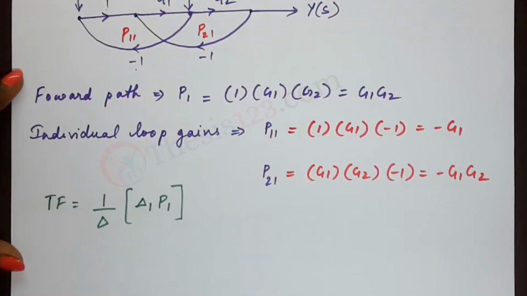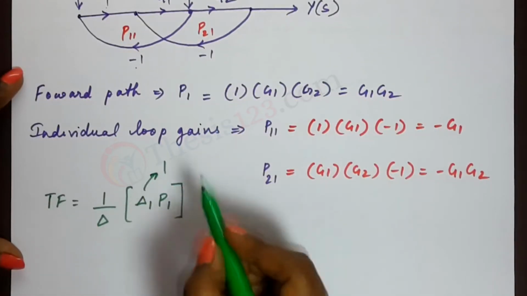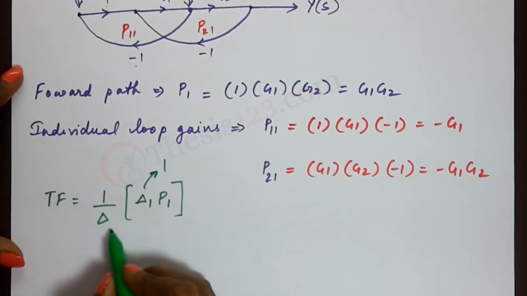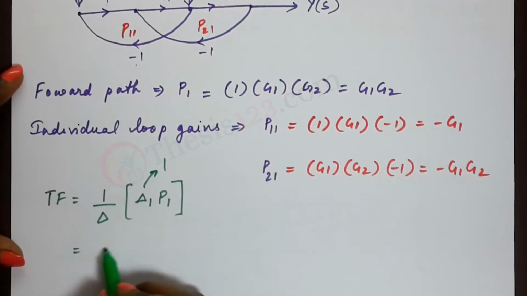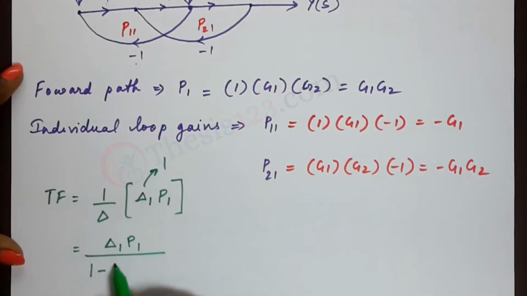Here k is equal to 1. Now delta 1 is 1 since we don't have loops that are not touching the forward path. And delta, if we expand that, we get 1 minus P11 plus P21.